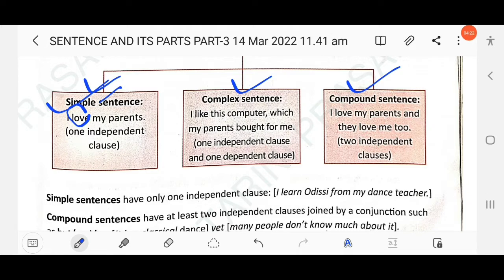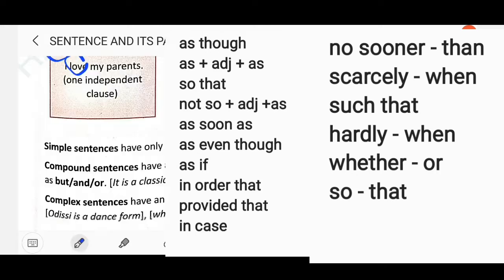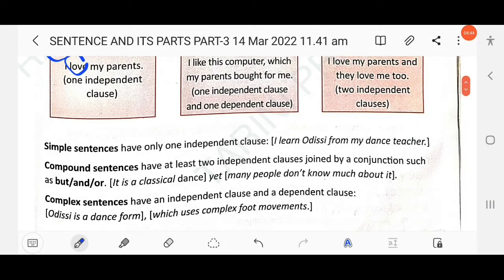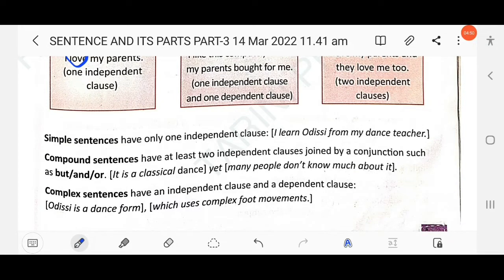And another way to identify the complex sentence is if there is a main clause as well as a dependent clause. Just look at the screen. These are the subordinating conjunctions. You have to remember all these subordinating conjunctions so that you can easily identify the complex sentence. You can also note down these subordinating conjunctions. Clear?